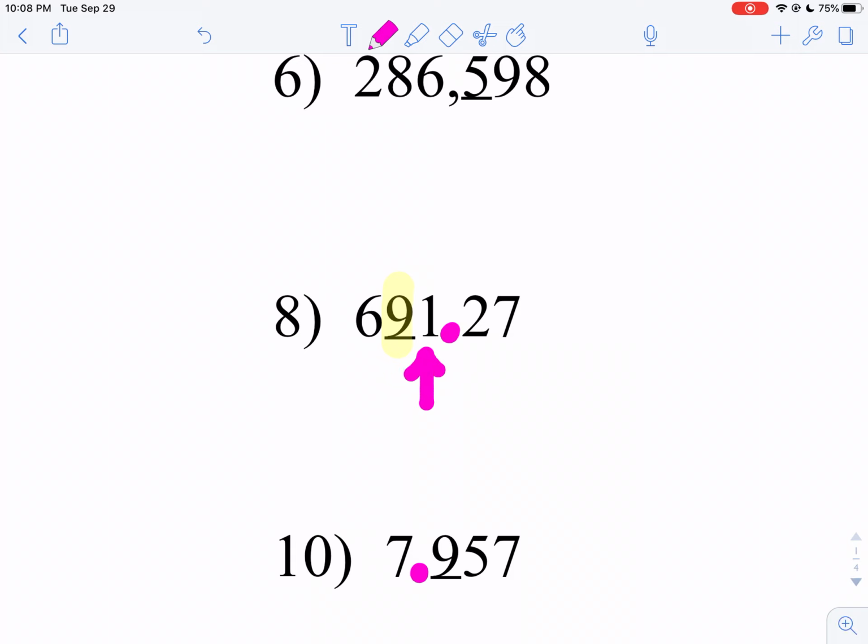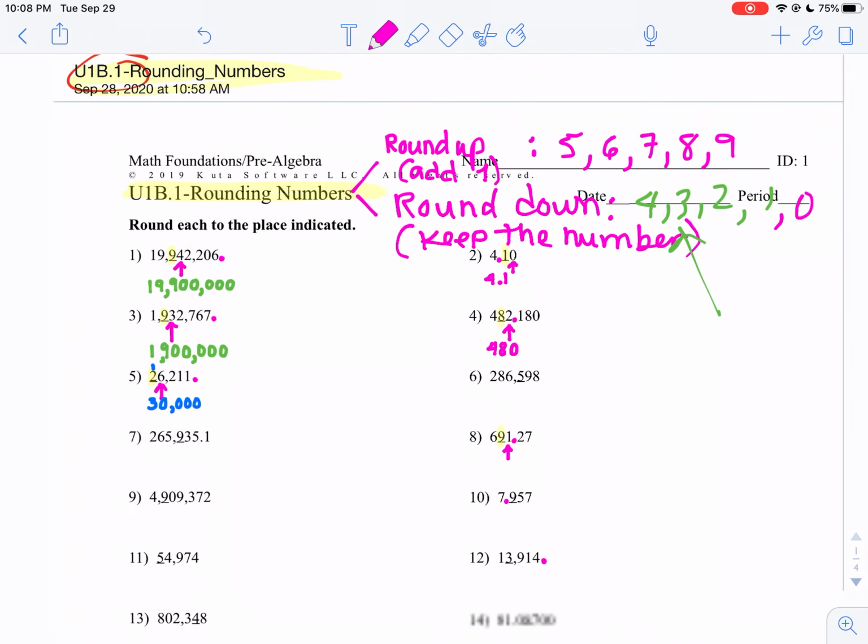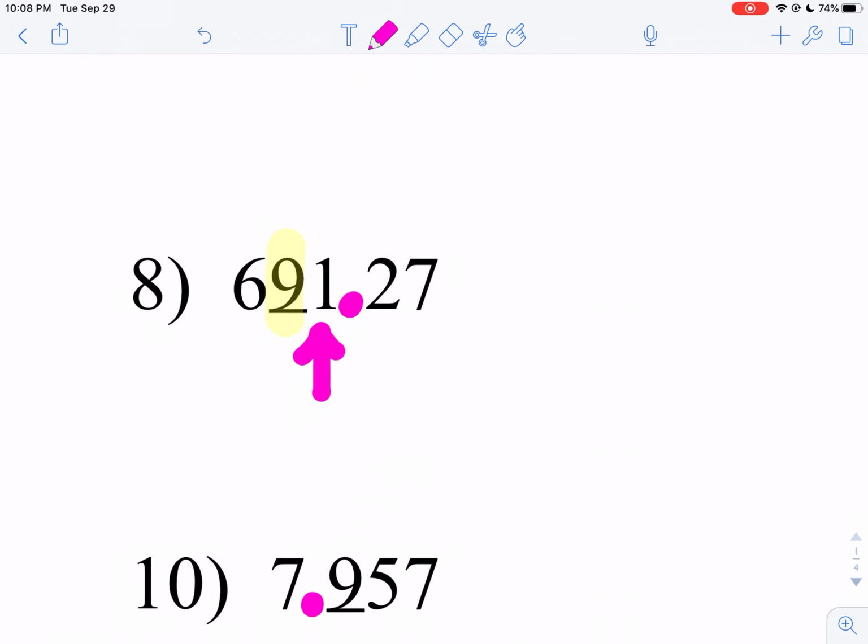And then I compare the 1. Okay, do I need to round up or round down? Okay, so 1, if I look at my notes, I have to round down. So I keep the 9. I'm going to write all the numbers before the 9 exactly as they are. And then I replace all the numbers after the 9 with the zeros up to the decimal point. So the answer is 690 for this problem.